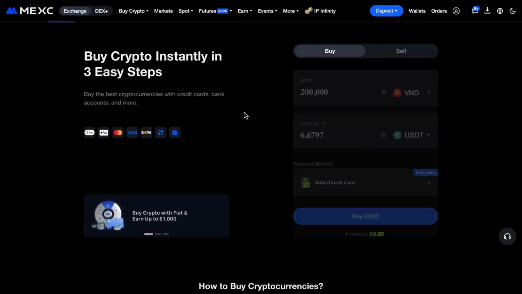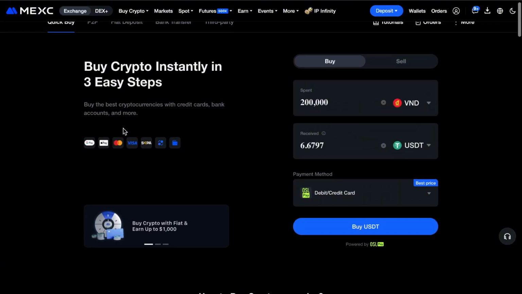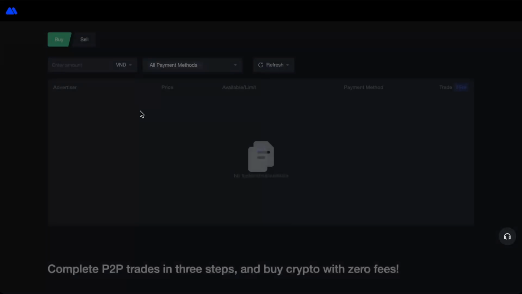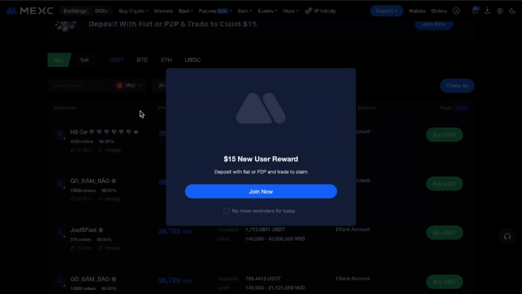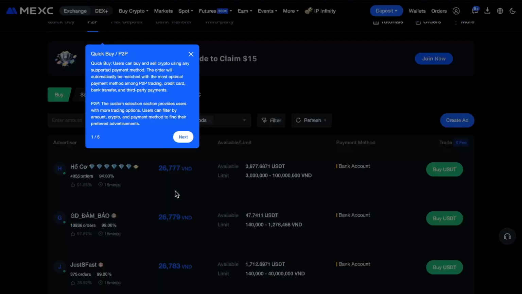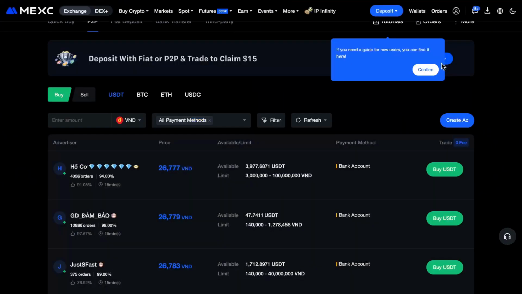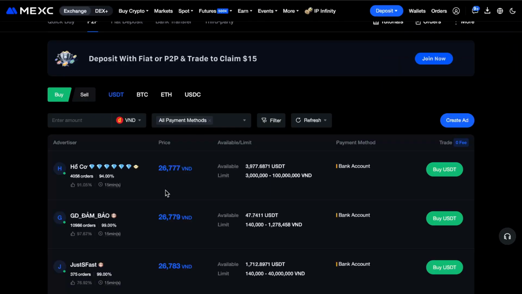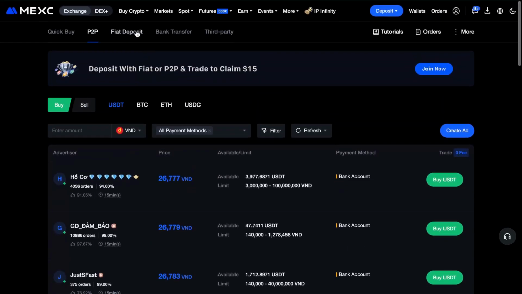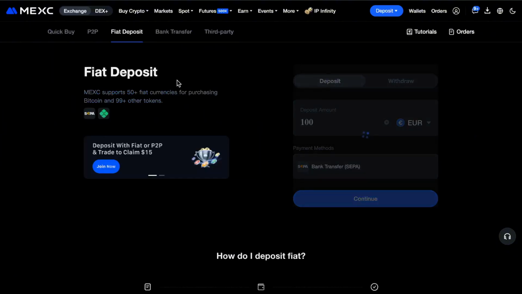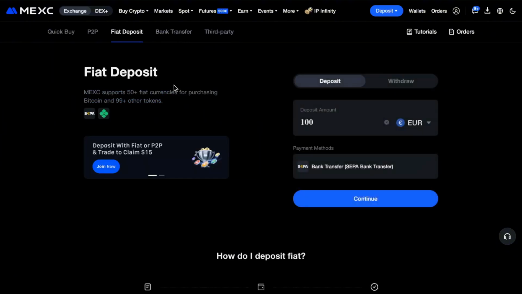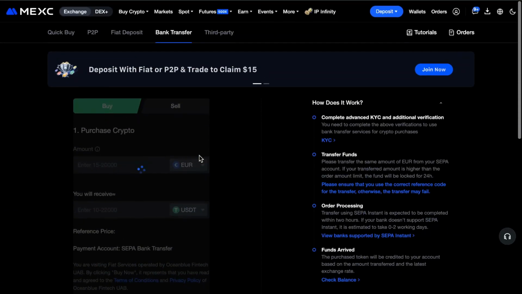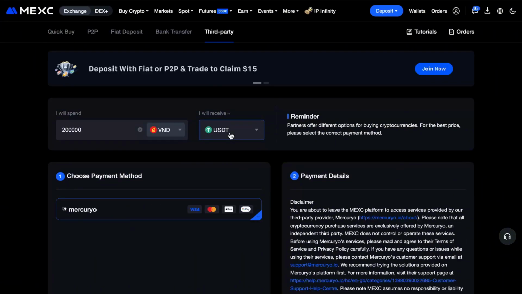Inside this tab, you'll see several methods: Quick Buy, which lets you purchase crypto instantly with Visa, MasterCard, Apple Pay, or even SEPA bank transfers; P2P trading, which means you can buy directly from other users using payment methods like bank transfer, PayPal, and more; fiat deposit through SEPA bank transfer if you prefer moving larger sums directly from your bank; and third party services like Mercuryo, which also support Visa, MasterCard, and Apple Pay.